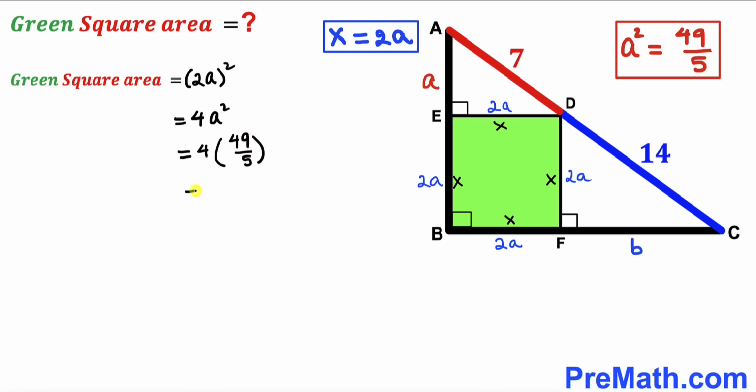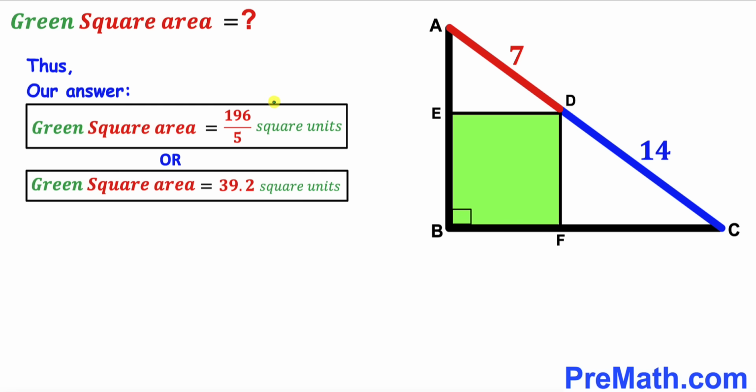If we simplify, that gives us 196 divided by 5 square units. In terms of decimal, that is equal to 39.2 square units as well.